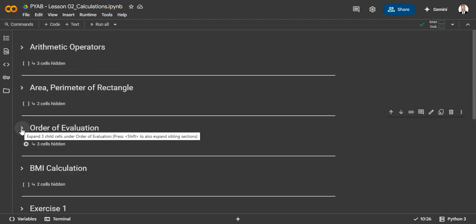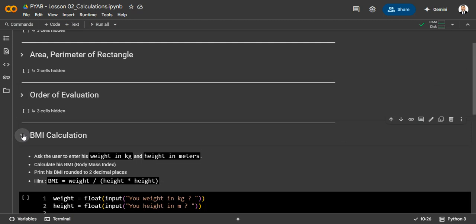Let's close this and open up this BMI calculation. BMI is body mass index, which health professionals usually calculate to find out whether people are underweight, just nice weight, overweight or in the obese category, and so on.